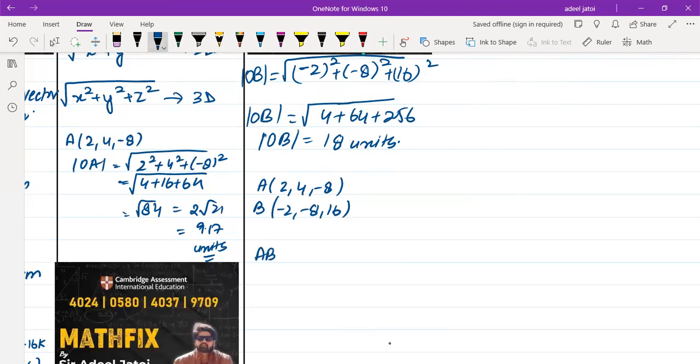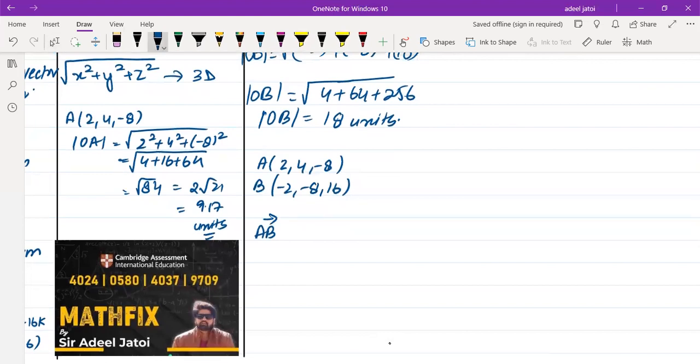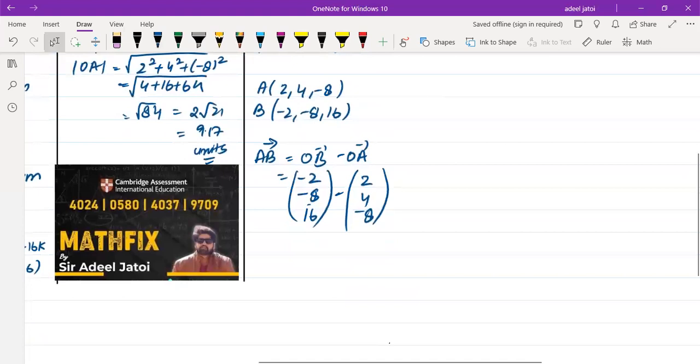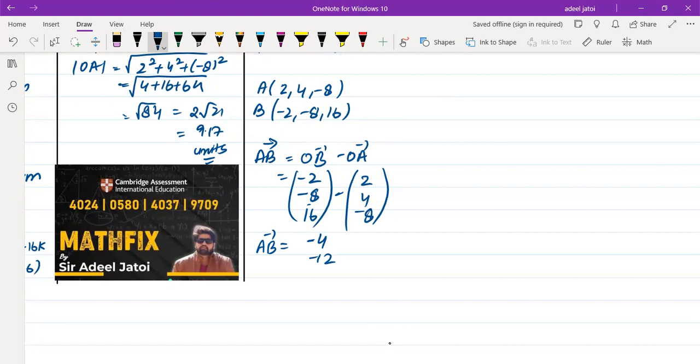If I need to find the AB vector, this should be OB minus OA. So OB is minus 2, minus 8, and 16, minus OA which is 2, 4, minus 8. So AB vector will be minus 2 minus 2 is minus 4, minus 12, and automatically we'll end up having 16 plus 8, so this is 24.